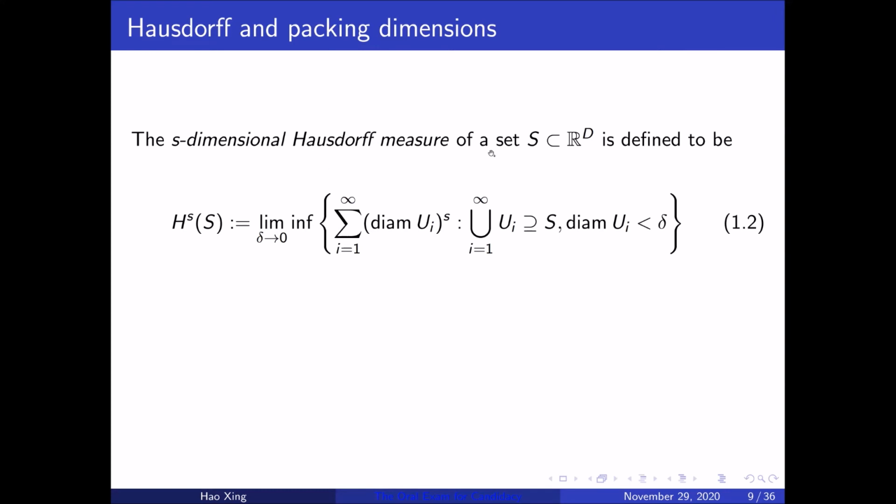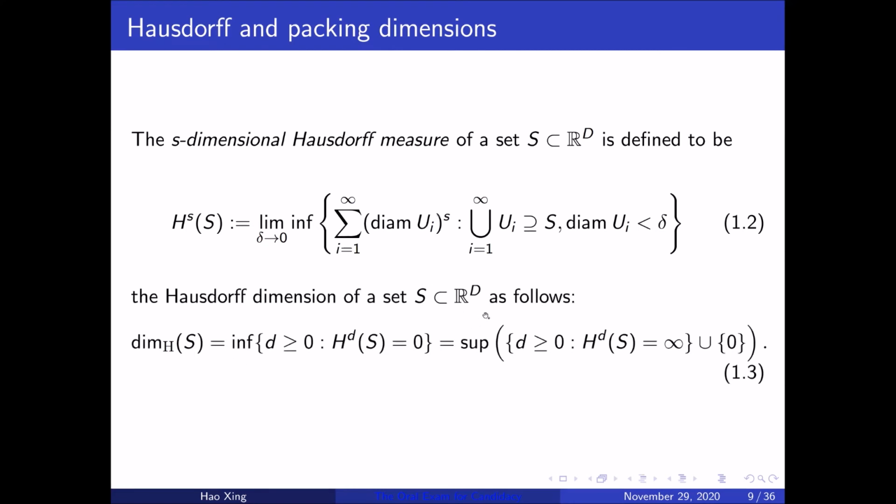The s-dimensional Hausdorff measure of a set S is defined by taking the limit as delta goes to 0 of the infimum of the summation of the s-th power of the diameters of U_i's whose union covers S, where the diameters are less than delta.